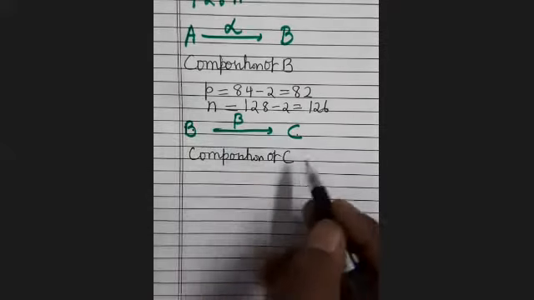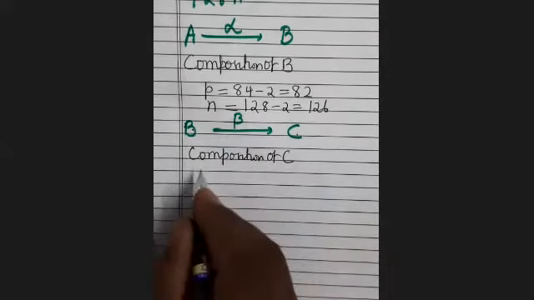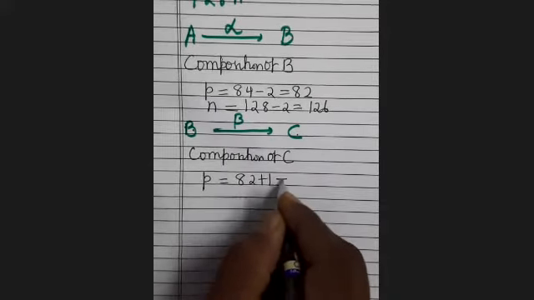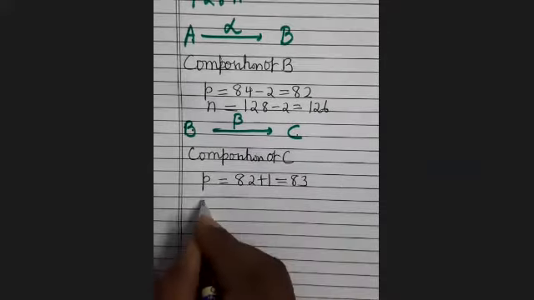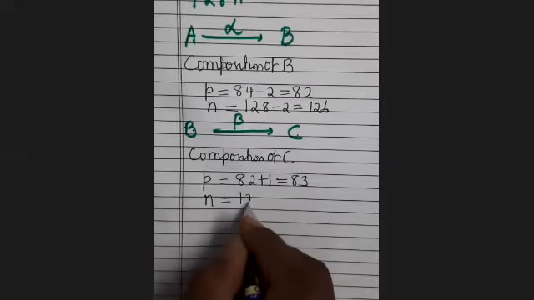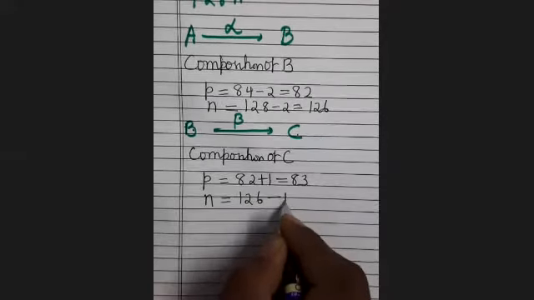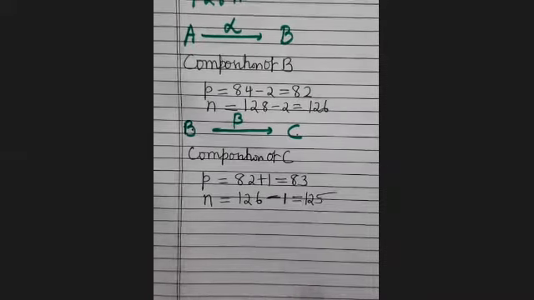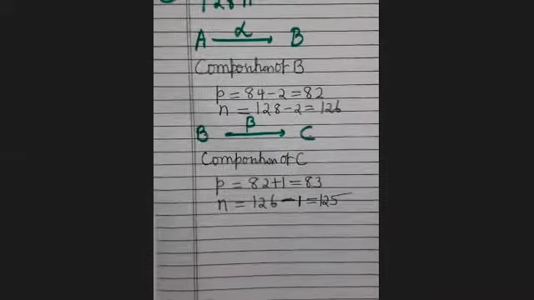So when a beta particle gets emitted, proton increases by 1, that is 82 plus 1, that is 83. And neutron 126 minus 1, that is 125. Neutron will decrease by 1.